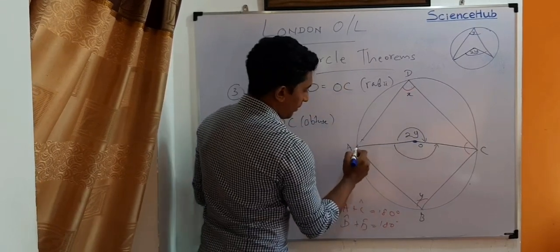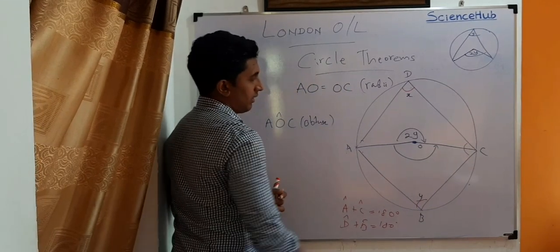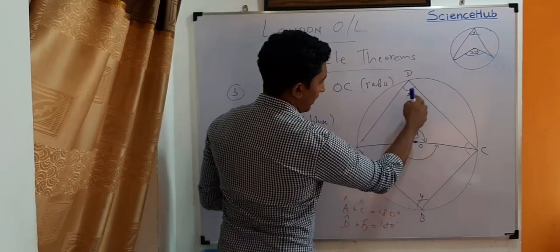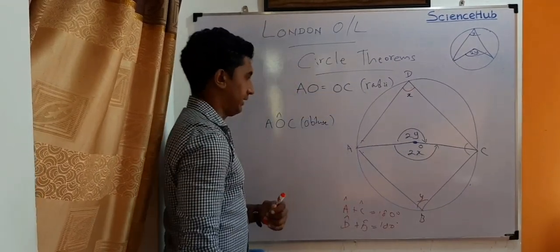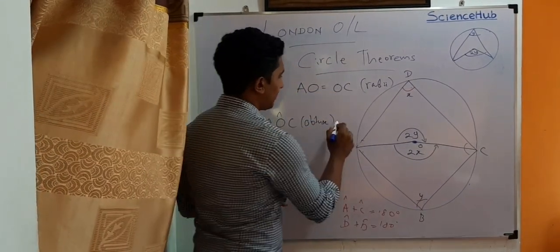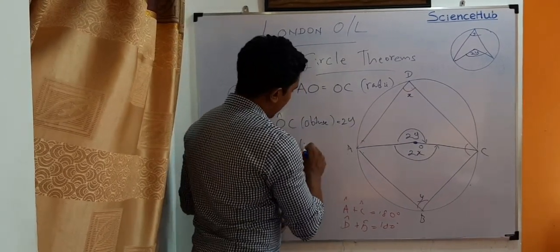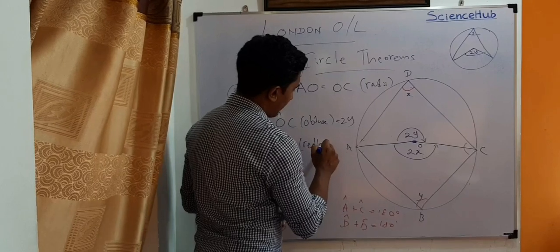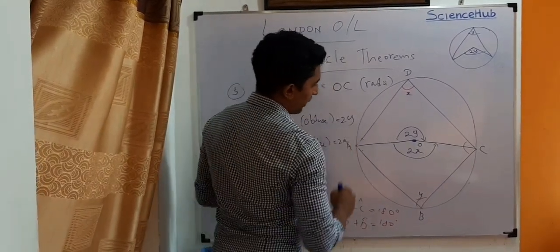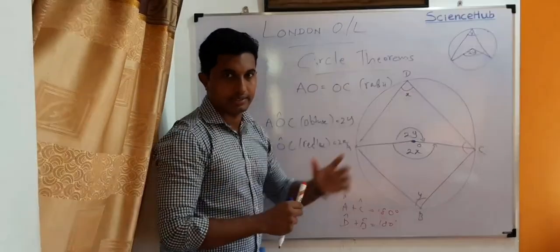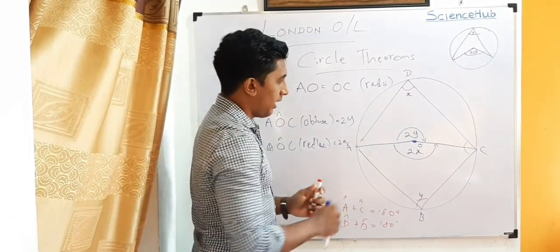What about this angle, the reflex angle? If this one is x, then this part should be 2x. So AOC obtuse is 2y and AOC reflex is 2x. I think you can understand this theory and the procedure I used here.